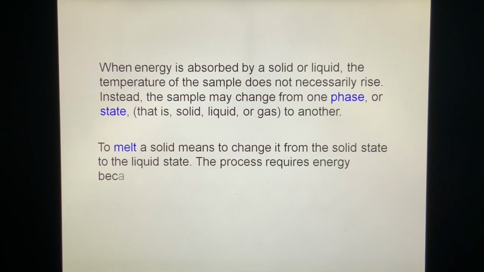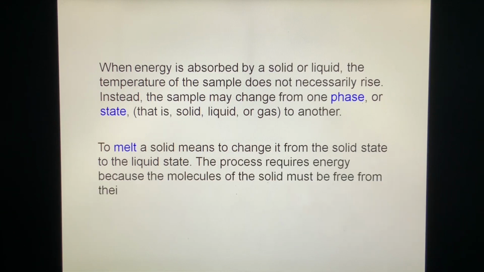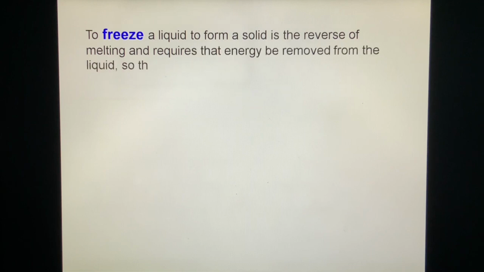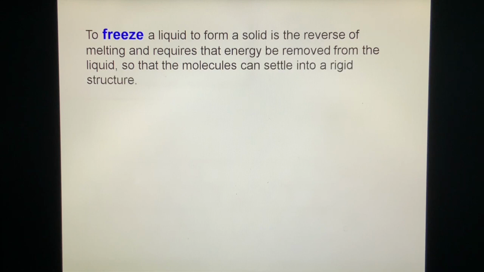The process requires energy because the molecules of the solid must be freed from their rigid structure. To freeze a liquid to form a solid is the reverse of melting and requires that energy be removed from the liquid so that the molecules can settle into a rigid structure.